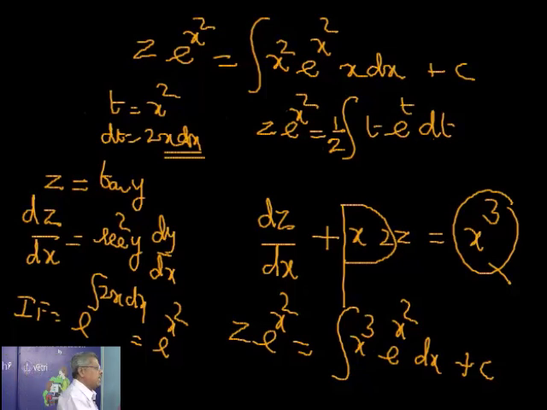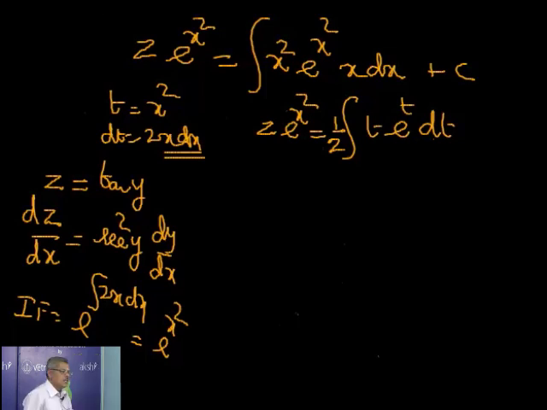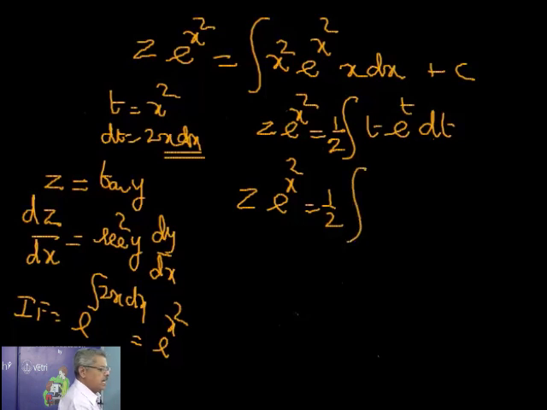So we have to integrate by parts. Now integrating by parts, you get z e power x square is half of integral t d of e power t.